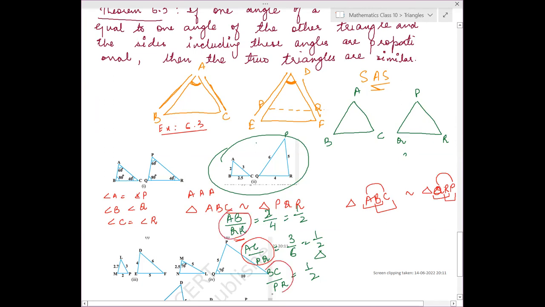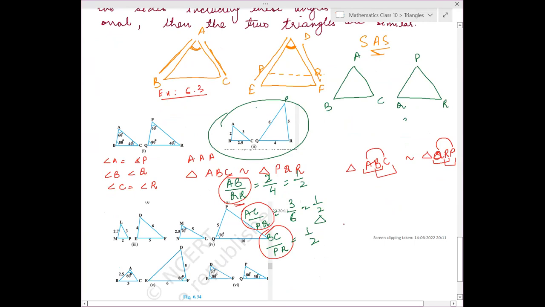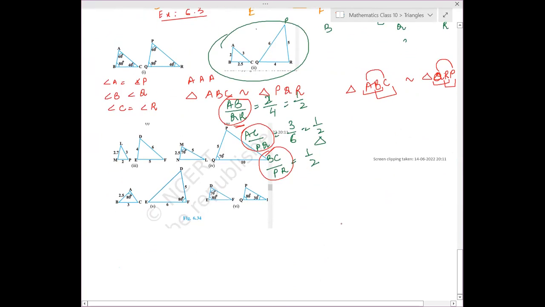And then your BC is in proportion to PR. Getting the point here? How to write? Yes, Hamna. Yes, ma'am. Getting it? How to write it? Yes, Rida, any problem here? No. Okay, right. So then come to the third one.